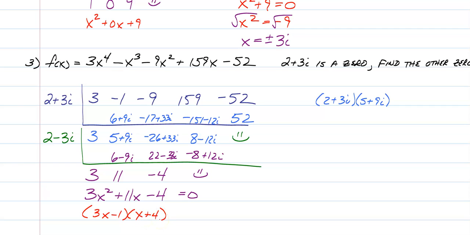Set each of those terms equal to 0, and you're going to get x is equal to a positive 1/3 and a -4. And of course, you already have your 2 plus 3i from the beginning, which is also part of this. So yeah, that's a lot of work to get done.